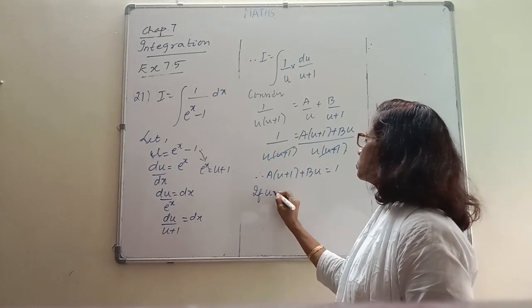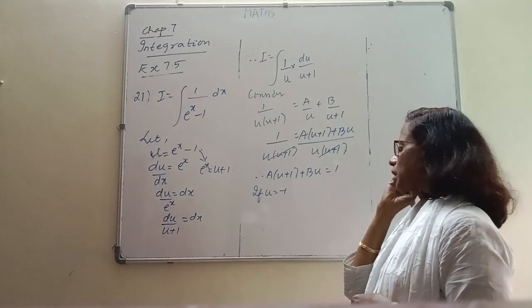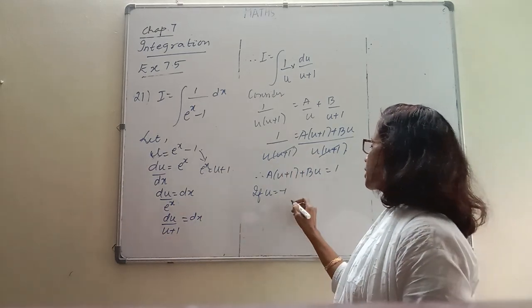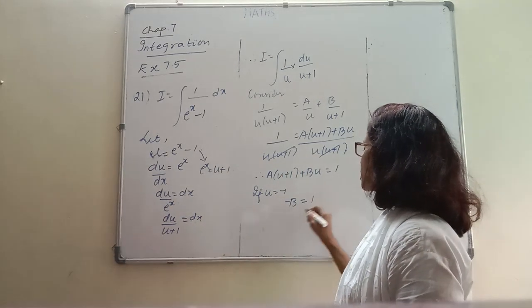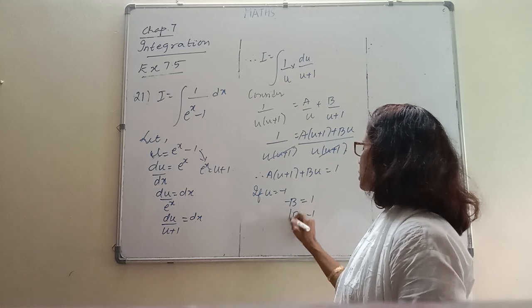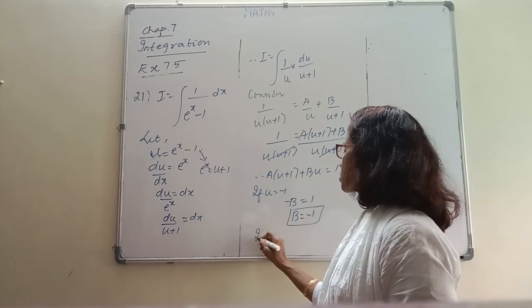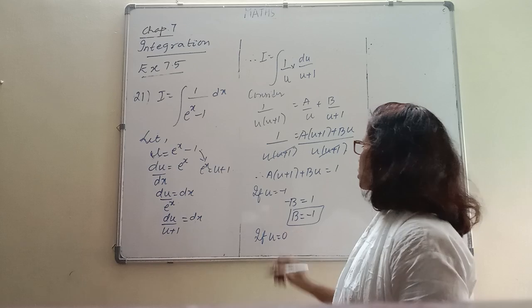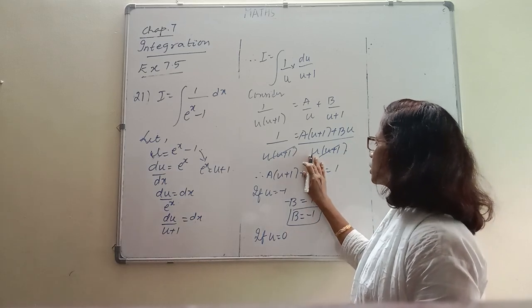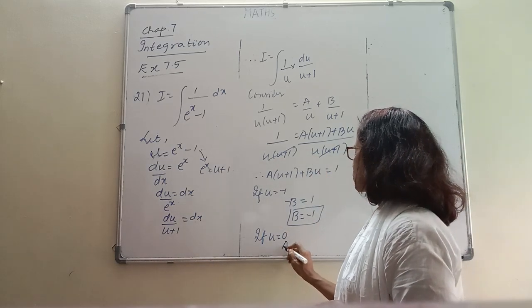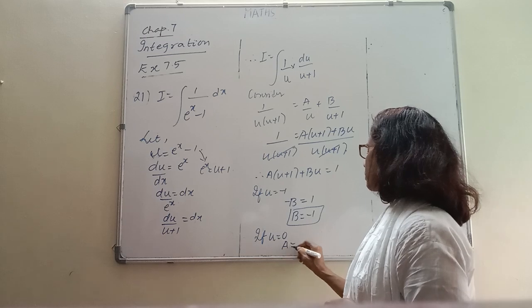So let u be negative 1. If u is negative 1, then this term vanishes and you get negative b as 1, which makes b as negative 1. And so also let's substitute for u as 0. If u is 0, then you have a times 1, actually that's a, becoming 1.